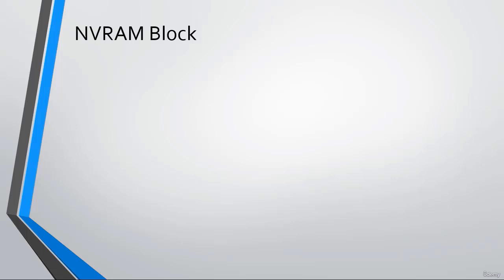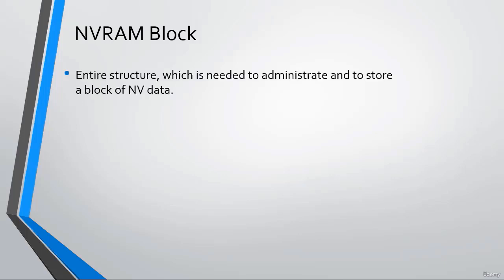And one of the most important topics is the NVRAM block. So what is an NVRAM block? Let's look. An NVRAM block is the entire structure which is needed to administrate and store a block of NV data.